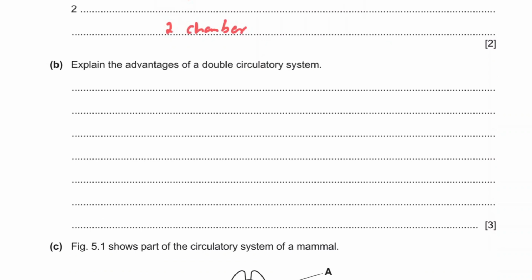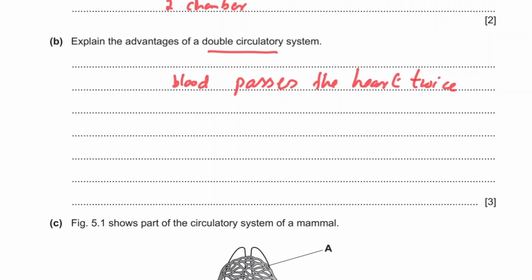Explain the advantage of double circulation. Double means the blood passes through the heart twice. When the blood passes through the heart twice, pressure is created, meaning high pressure, which is needed for the movement of materials.